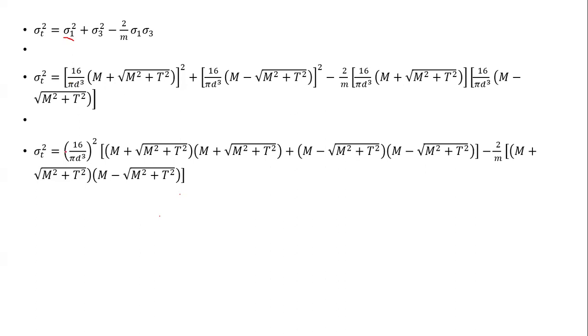So that's why here when we factorize, we're not just factorizing a number without a square. We're respecting that square because this alone is carrying a square and it's outside the brackets. So we factorize 16 over pi d cubed squared because that's what it is. Here it is squared because of that.